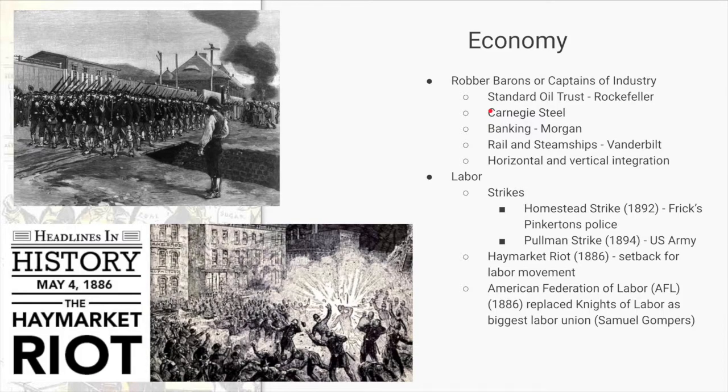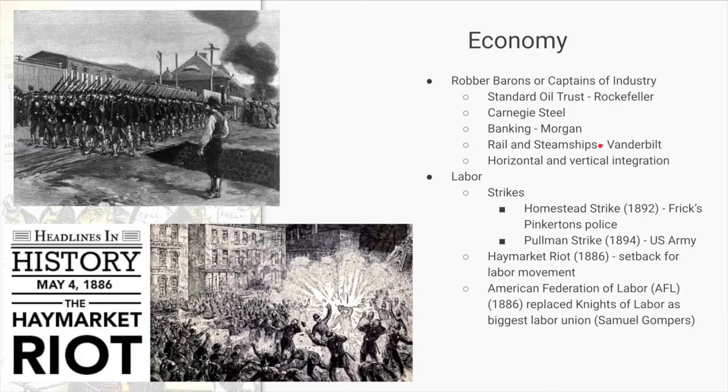Now, some examples. Standard Oil Trust, definitely know this. This is the Rockefeller monopoly on oil. You should know about Carnegie Steel and the Bessemer Steel process and how he has monopoly over steel in America. You should know about J.P. Morgan and the banking monopoly he has.